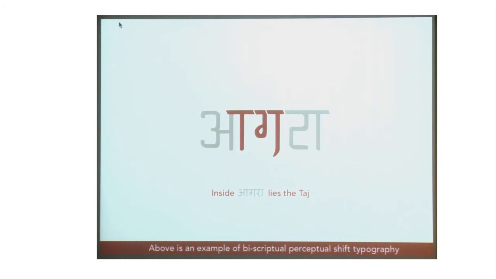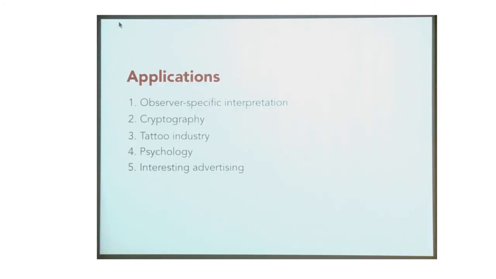He'll see the word Taj. So, if worked well, they can give us observer-specific interpretation. They can be very useful in cryptography when you have to send secret messages. And apart from that, they can be useful in the tattoo industry, in psychology, and in interesting advertising.